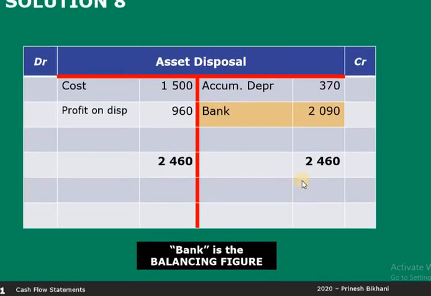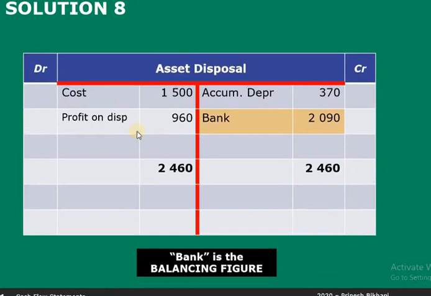You can also see this in the account. The account on the debit side is the 1.5 million. On the credit side, your accumulated depreciation. You know that there's a profit of 960. So when you balance the account, you get your selling price. So any of these items can be left out, but you will be provided with at least 3 of these entries.